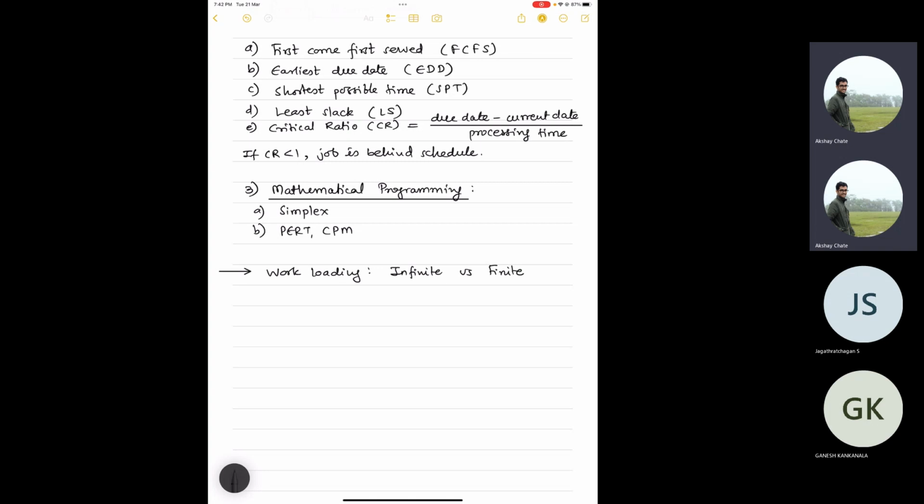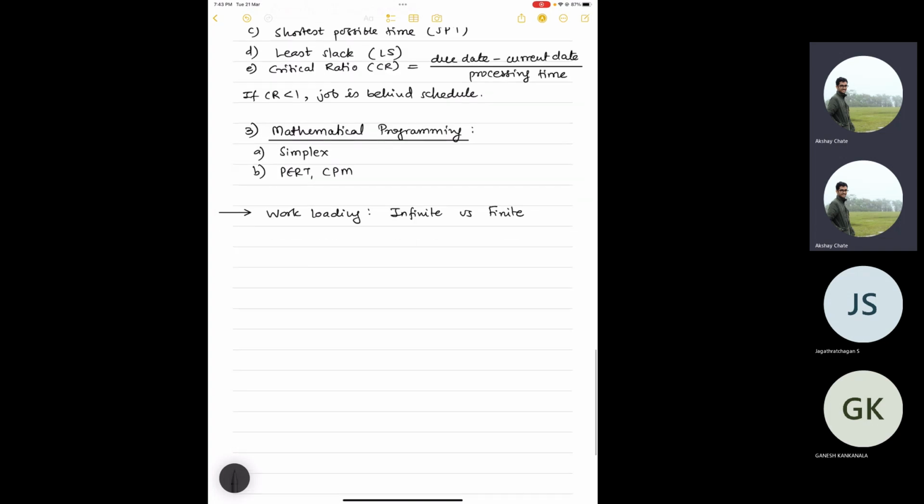Just give me some time. See, the point here is I want to introduce these different terms, which are flow time or completion time, or makespan time, tardiness, etc. So we'll start with the basic example.